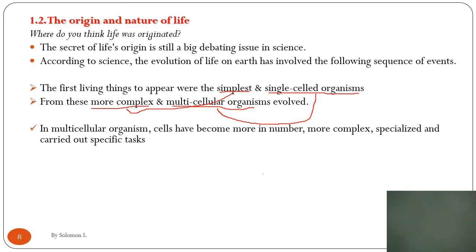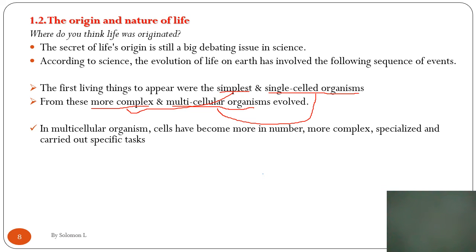All activities of such organisms are carried out in a single cell, and they can show all characteristics and the nature of life. They can reproduce, they can metabolize, they can respond to different stimuli, so they can show all the characteristics of the nature of life.